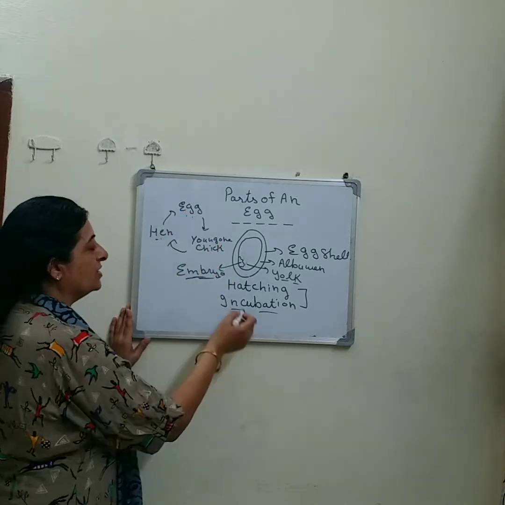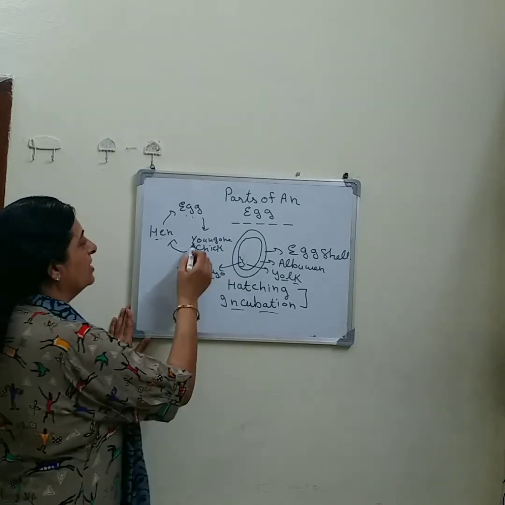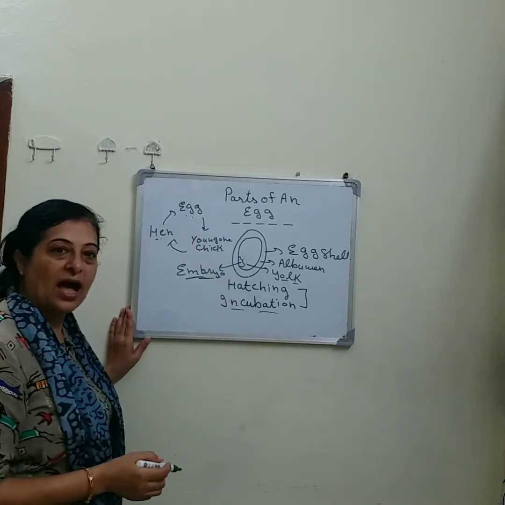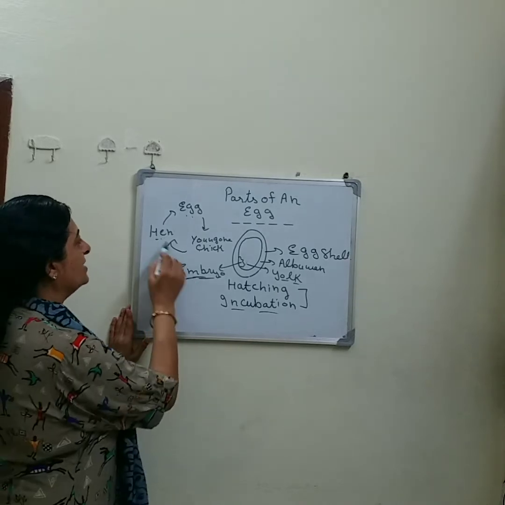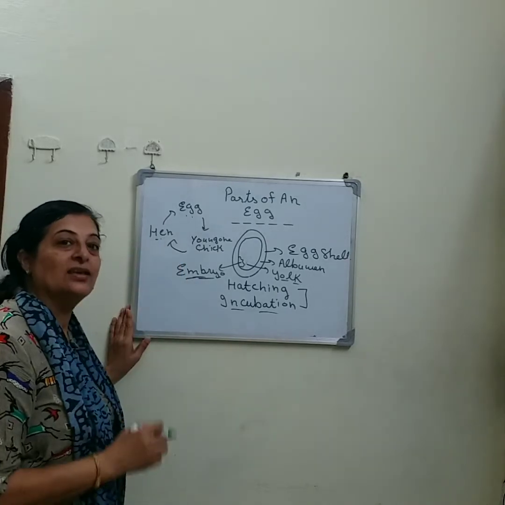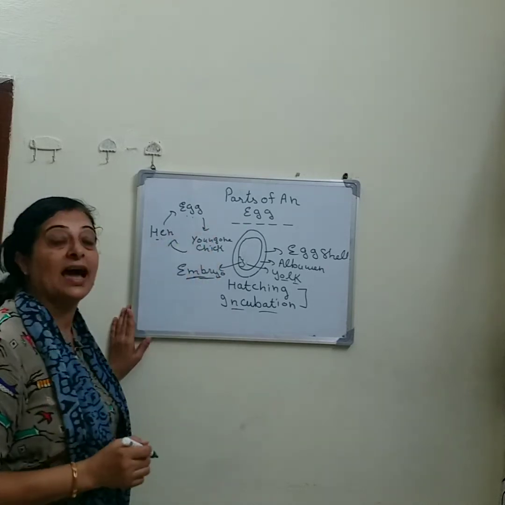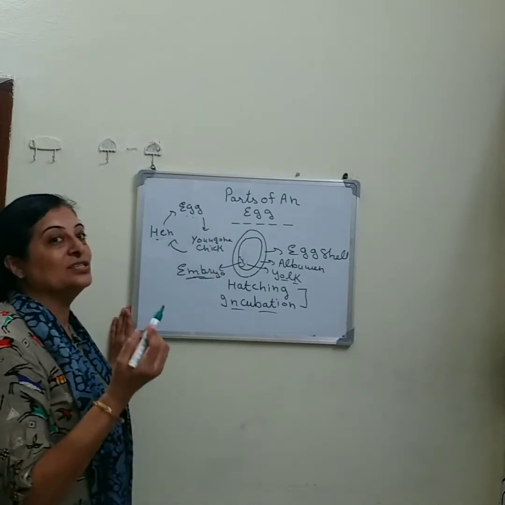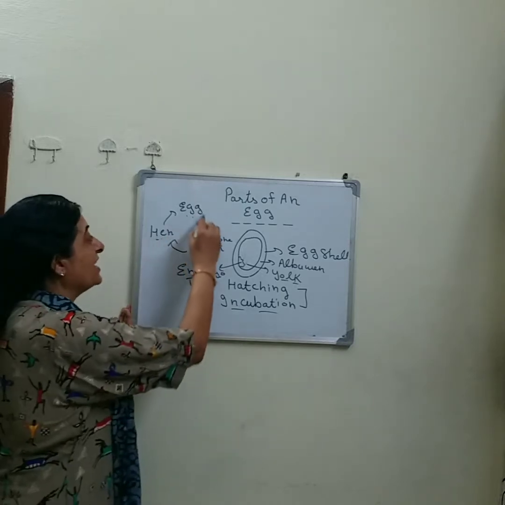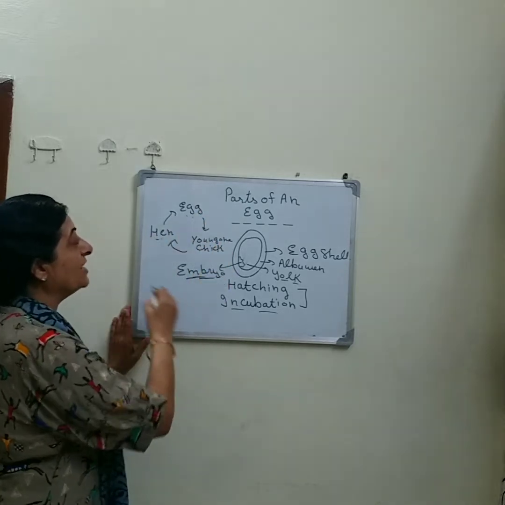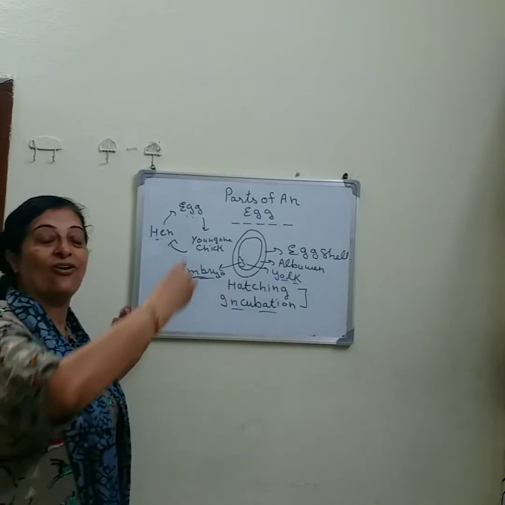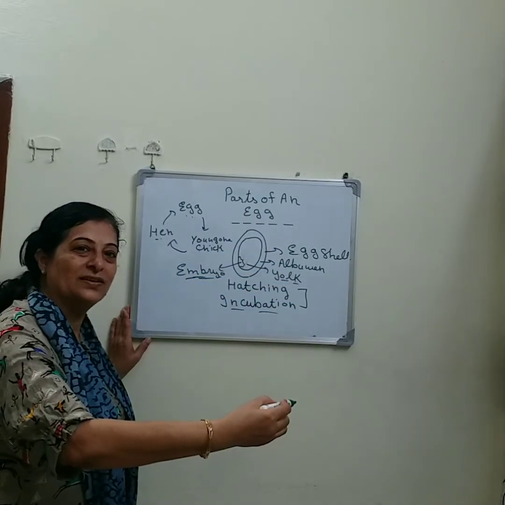After incubation, the chick comes out from the egg and grows up into a hen. So there are three stages in the life cycle of a hen. What is the life cycle? A life cycle is a cycle for the continuation of life.